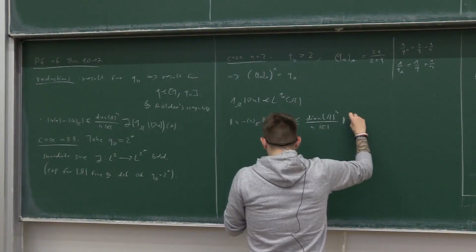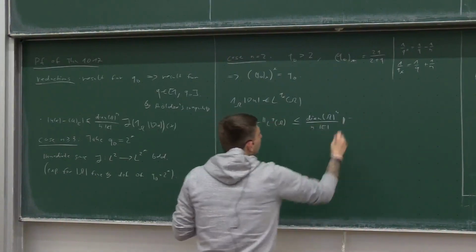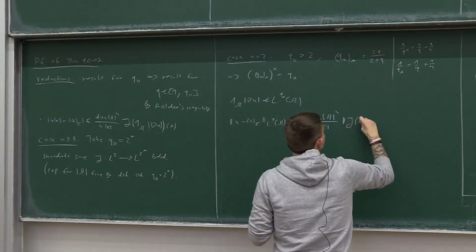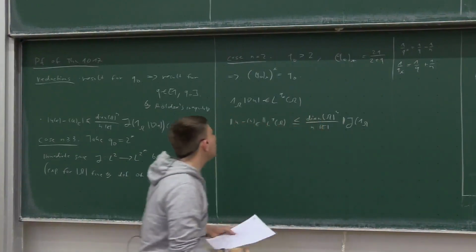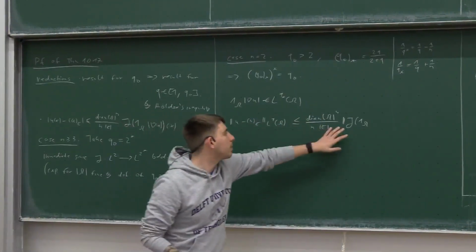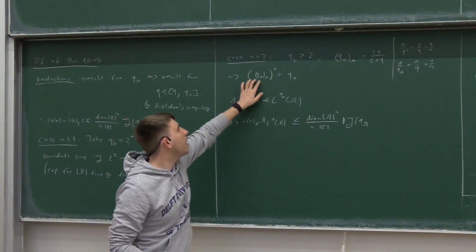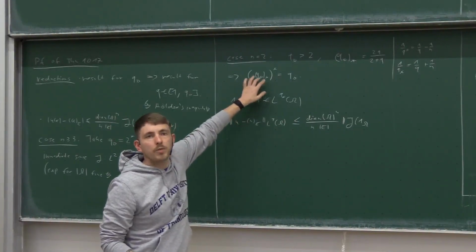Okay, so first of all, sorry, I was a step too fast. First we just use that the Riesz potential maps q naught lower star to q naught lower star upper star, which is q.